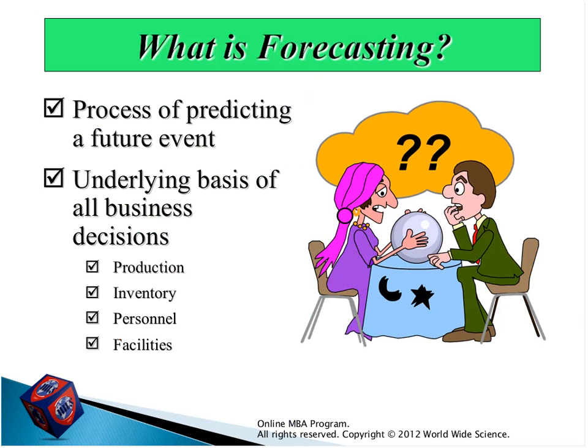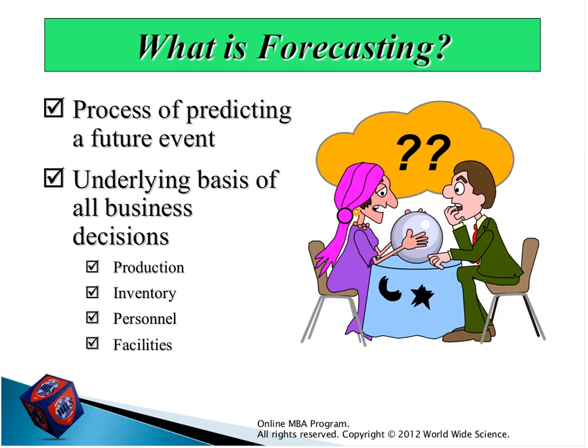You want to arrange programs to produce a specified quantity. So you have to forecast the number of customers, or you have to forecast the demand for next month, or next day, or next year.